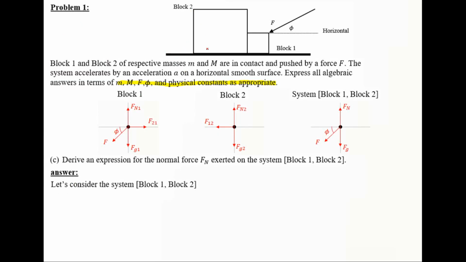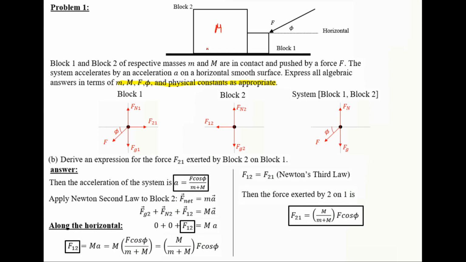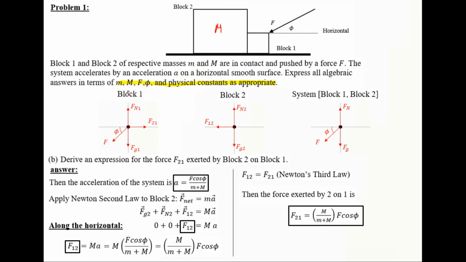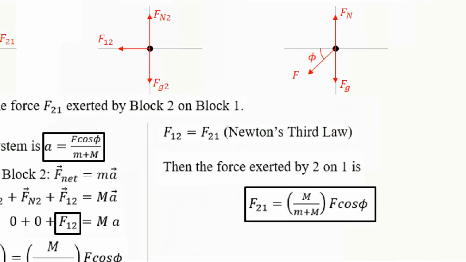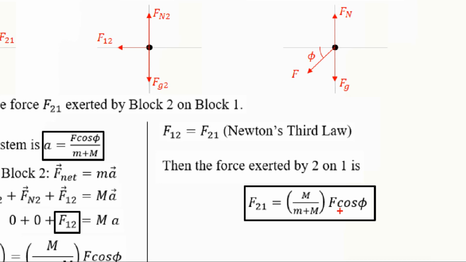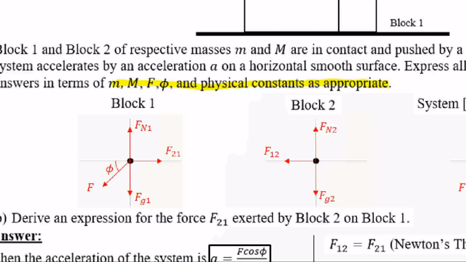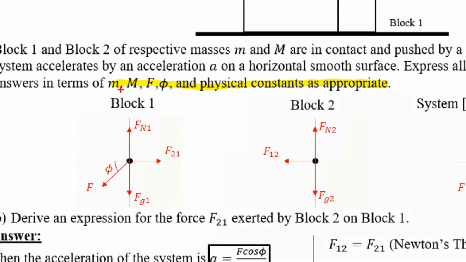And here also let me mention something very important referring back to part B. Since we gave the expression of F21, we need to double check that this expression is expressed in terms of m, capital M, F and phi, and indeed it is. Although here we have cosine, cosine is a function and not a variable or a constant, so we won't expect them to tell us to express in terms of cosine.